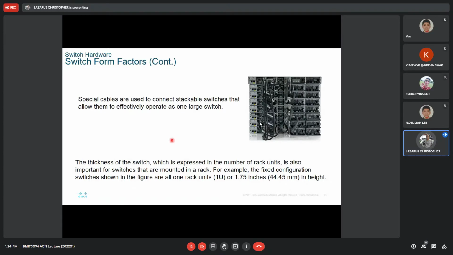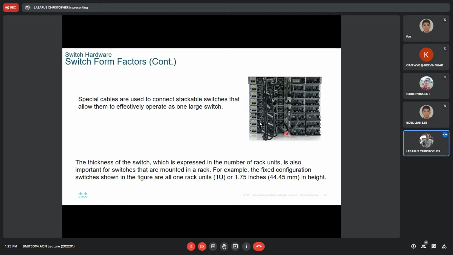So this is not the normal way you connect one switch to another switch, right? Some stackable switches have a special port just for connecting the stackable switches together, right? Once you do that, the switches operate as if they're a single large switch, right?